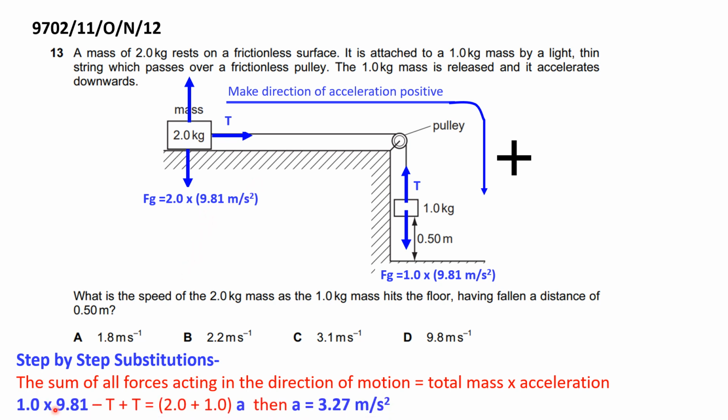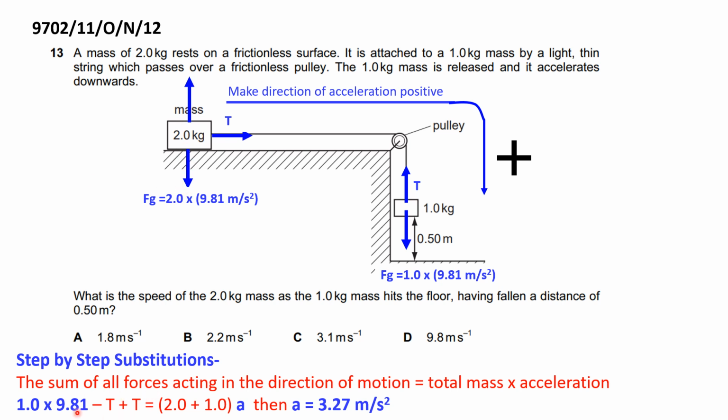So here we have, as all forces acting in this direction, the weight of this 1 kilogram mass, and then we have this tension, and we have this tension. Notice that the weight of this box that is on the surface and its normal force do not affect the motion in this direction because they are perpendicular.